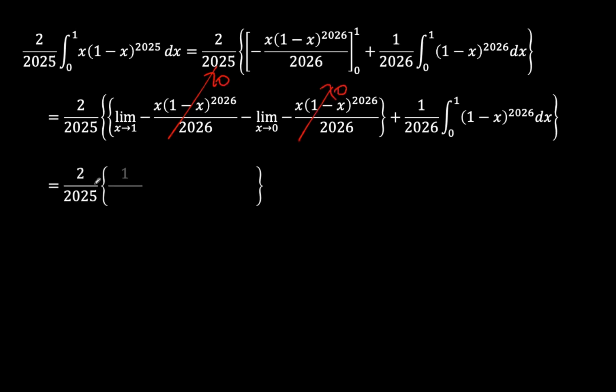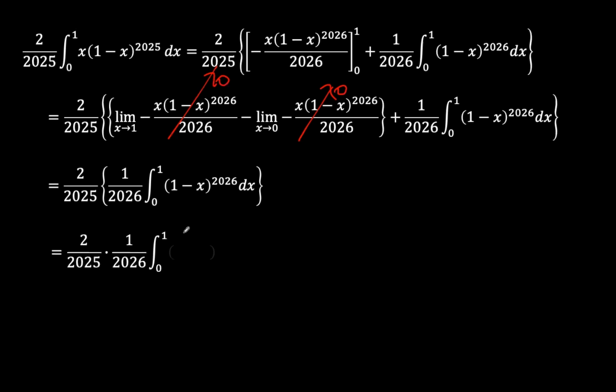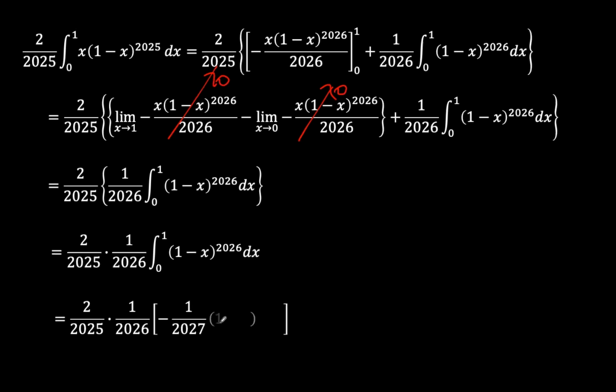So we are left with the integral of 2 over 2025 times in bracket 1 over 2026, integral from 0 to 1 of 1 minus x to the power 2026. So if we integrate this, 1 minus x to the power 2026, that's the same as negative 1 over 2027 times 1 minus x to the power 2027.